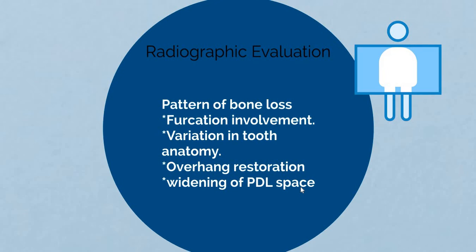And we are coming to radiographic evaluation. Radiographic selection criteria for periodontal disease should take into account the diagnosis made from the clinical examination and the overall state of the patient's dentition.